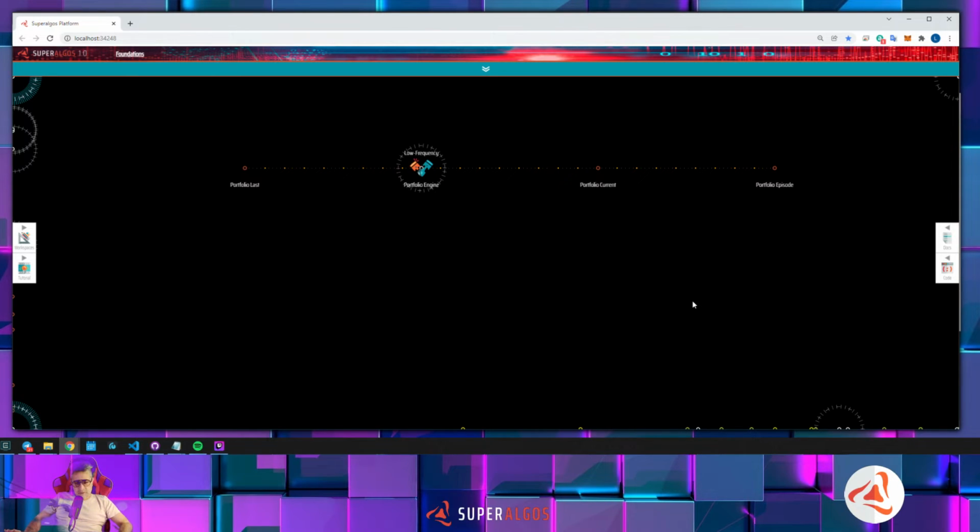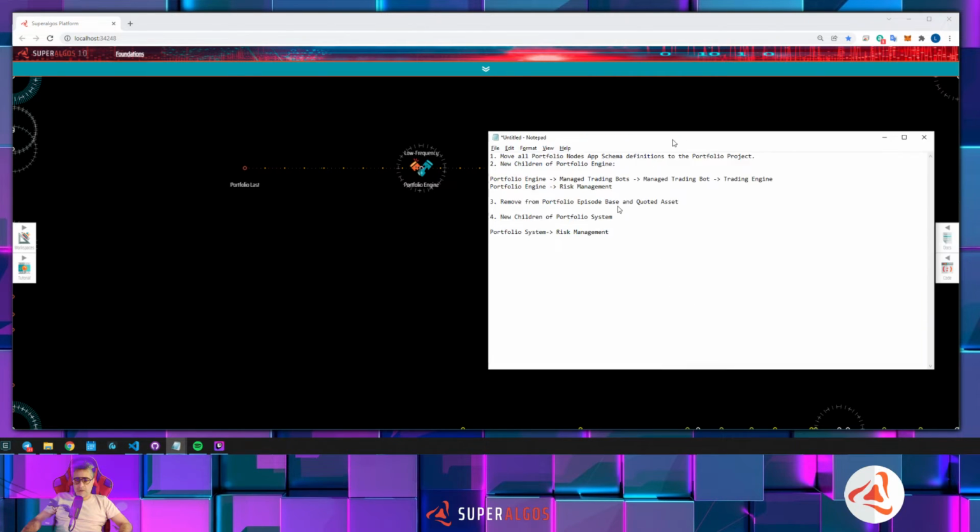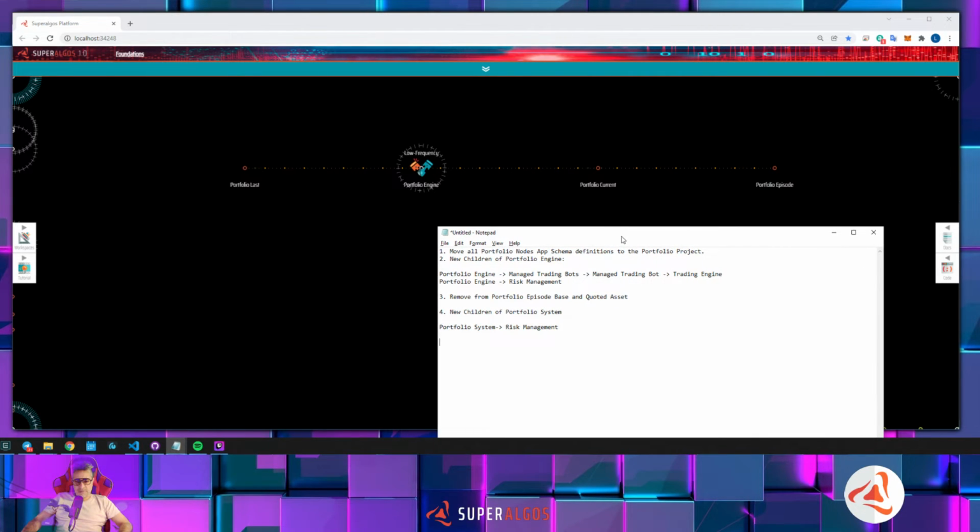Okay, so now my mind is much clearer. We're going to write this here. These are not children of this, but they are children of portfolio current. Then we will have portfolio engine.